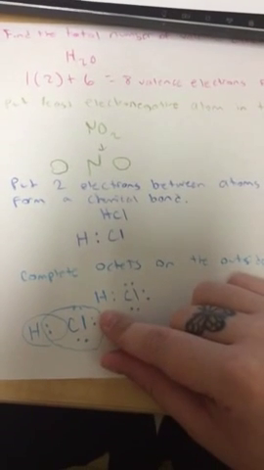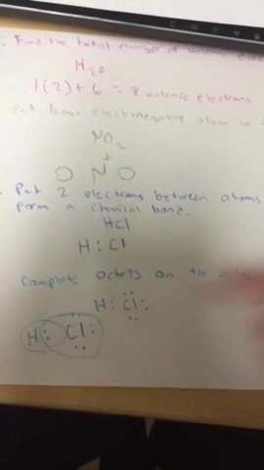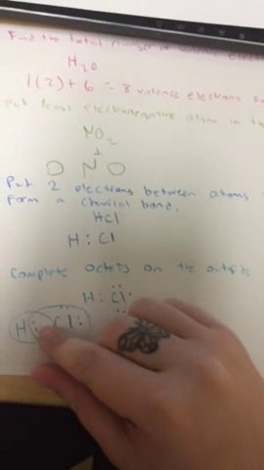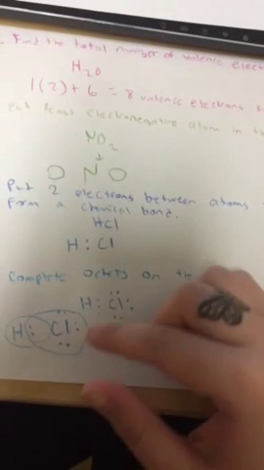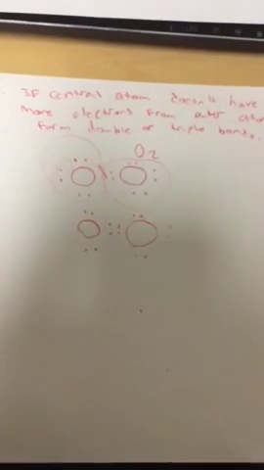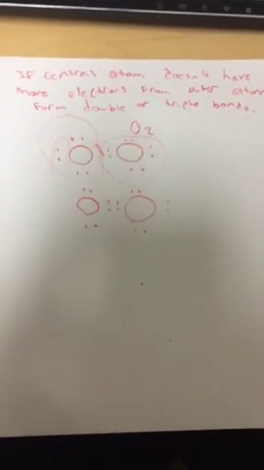Step 4, complete octets on the outside atoms. So we have hydrogen and chlorine here. Hydrogen is always the exception to the octet rule because it only needs 2 valence electrons to form the outer shell. But chlorine has the 8 here. And finally, step 5, if the central atom does not have an octet, we move the electrons from the outer atoms to form double or triple bonds.